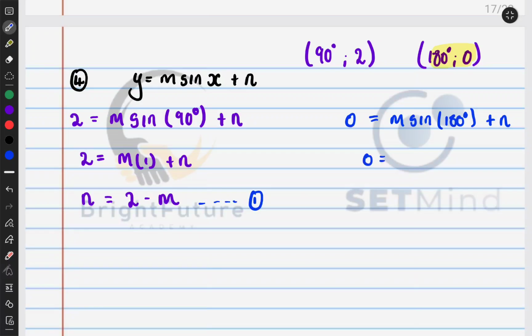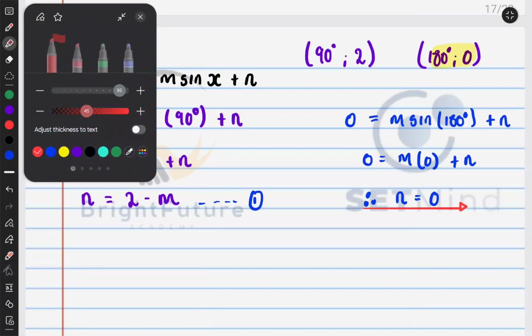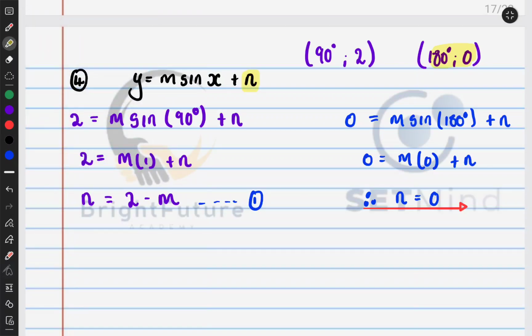Therefore, 0 is equal to m into 0 plus n, so n is equal to 0. So we have already solved for n. And remember, as I told you, the function has not been shifted because n represents the vertical shift. So it makes sense for n to be 0.